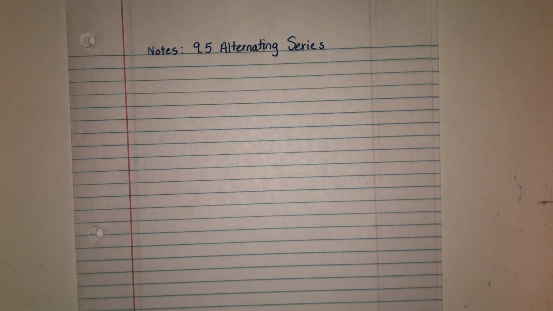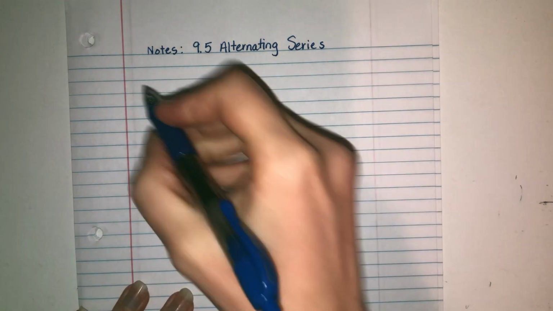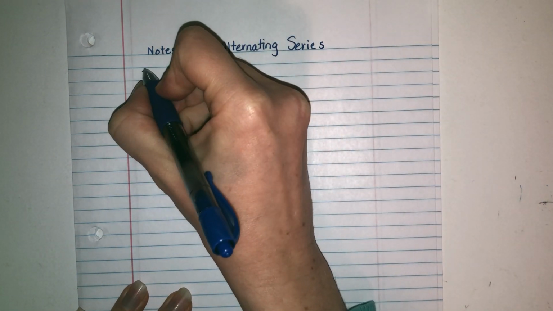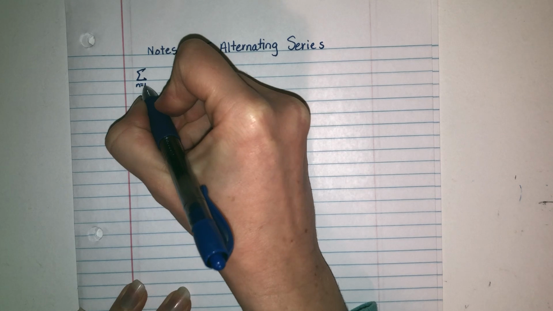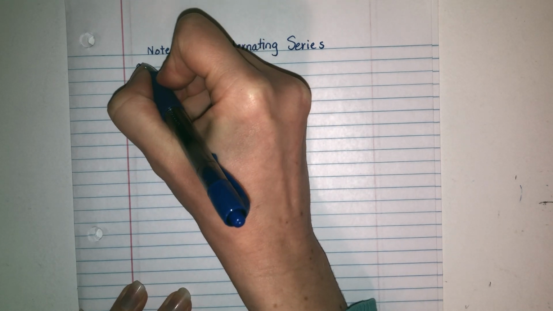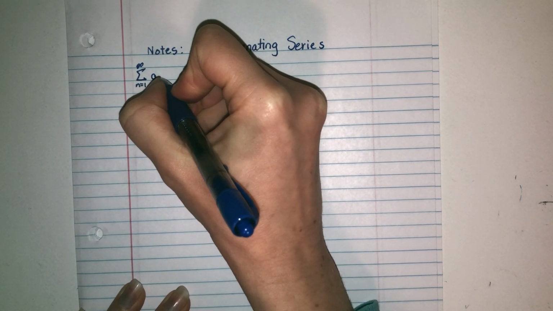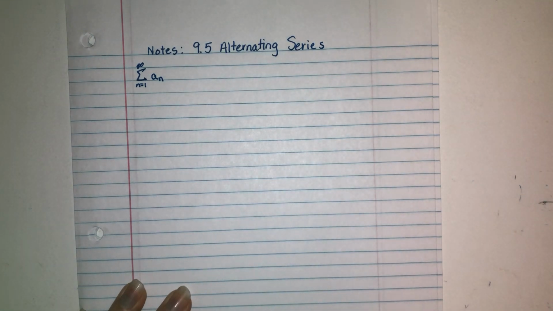But before we get started, we're going to make up a little flow chart that will help us to determine whether an alternating series is absolutely convergent, conditionally convergent, or divergent. So let's start with a series from n equals 1 to infinity, and the series rule will be represented by a sub n.